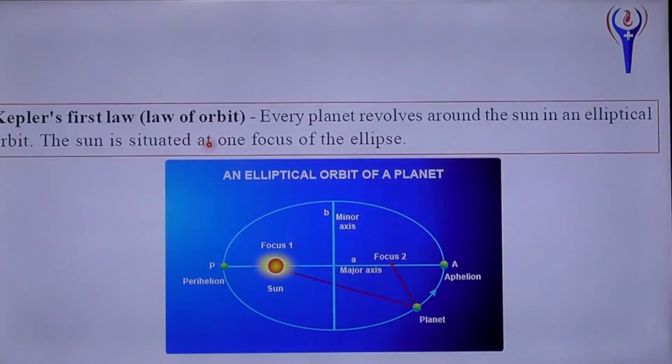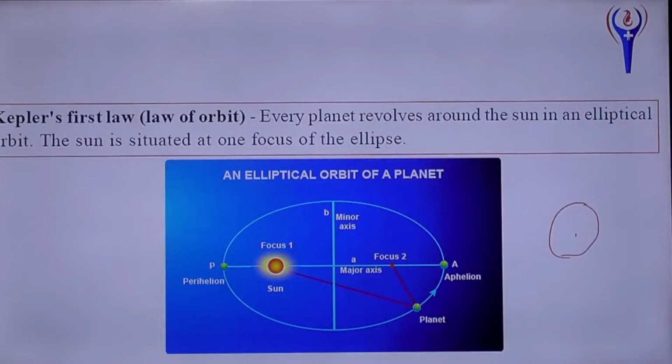Kepler's first law of motion, also called the law of orbit. Every planet revolves around the sun in an elliptical orbit, and the sun is situated at one focus of the ellipse. For a circle, there will be one center point, or one focus. For an ellipse, there will be two foci, just like two center points.